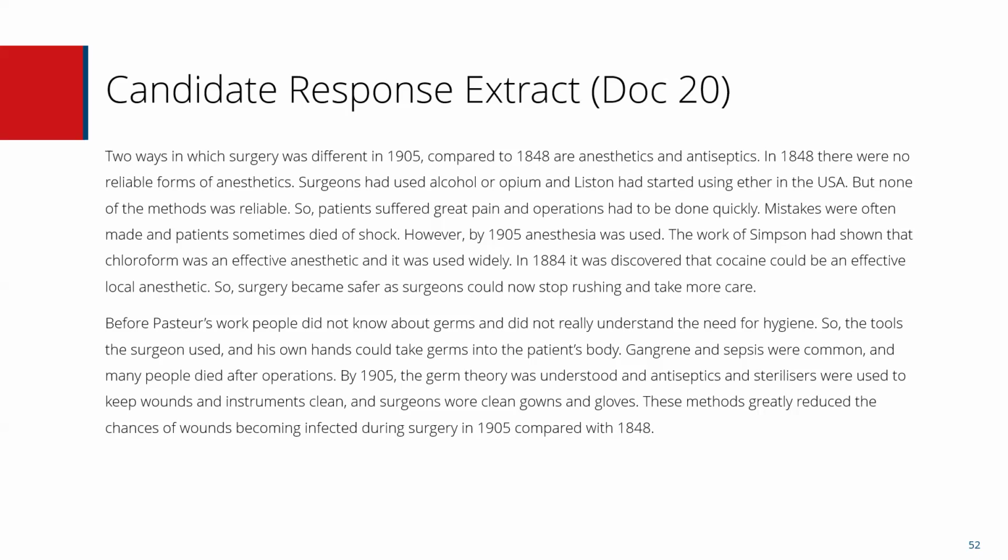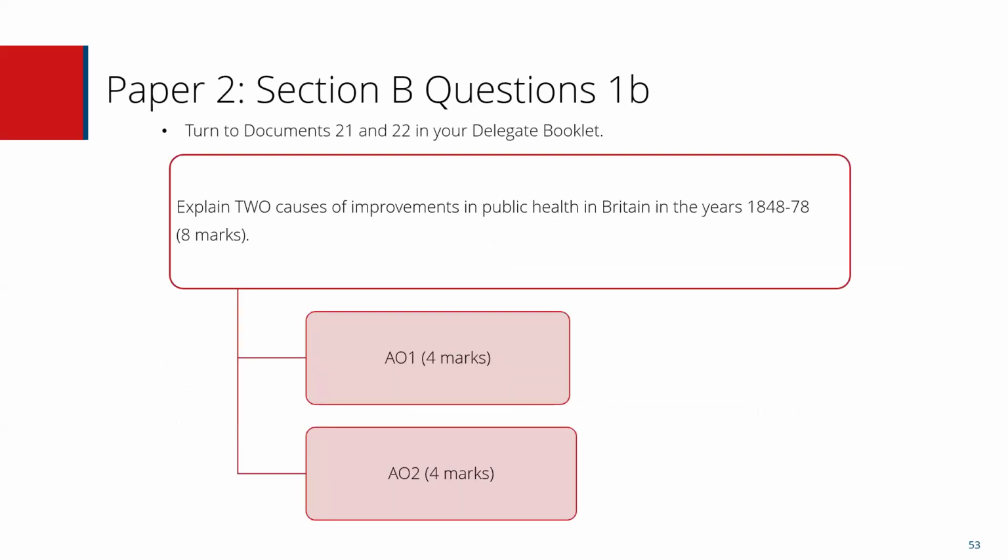Okay, let's go on to B. Have a look at documents 21 and 22. That's your generic mark scheme for the B question. So hopefully these questions are becoming familiar to you now as you're starting to teach them.